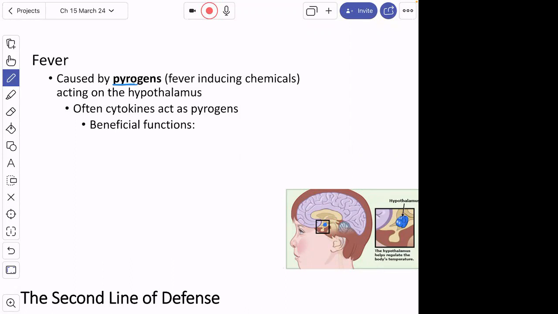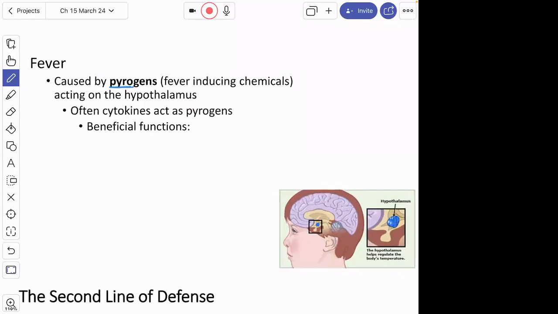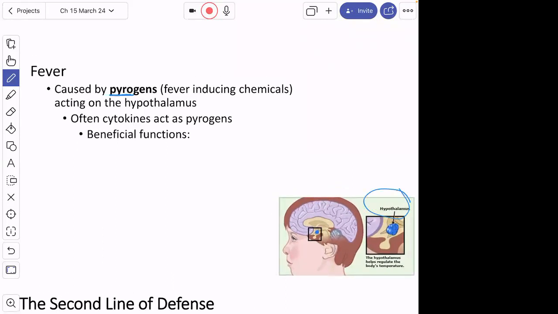And of course, I should say, pyrogens act on the hypothalamus. That's the region deep within our brain that controls, like, the thermostat for our body. So pyrogens are chemicals that act on the hypothalamus to reset our temperature. What kind of things can be pyrogens?